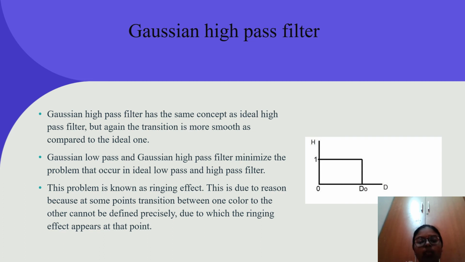This is the reason why we are using these types of filters: ideal high pass filter, Butterworth high pass filter, Gaussian high pass filter. You have to see here that the Gaussian low pass and Gaussian high pass filters minimize the problem that occurs in the ideal low pass and ideal high pass filters.